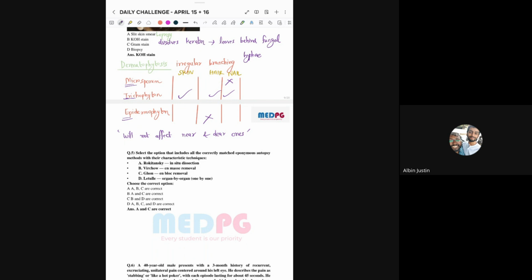Now, question number 5. Question number 5 was actually discussed in the Calicut group yesterday. Rokitansky is in situ. Virchow is one by one, or organ by organ.